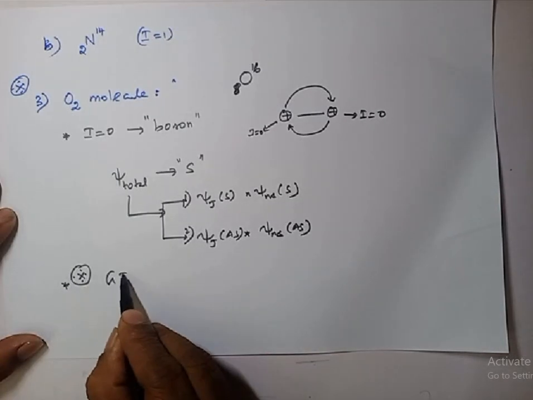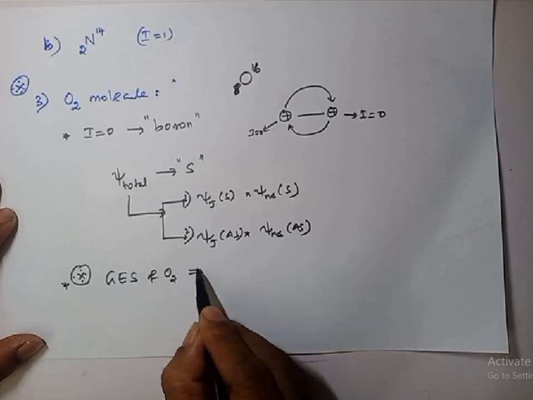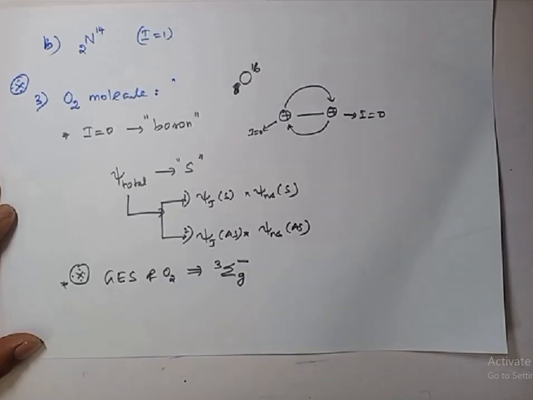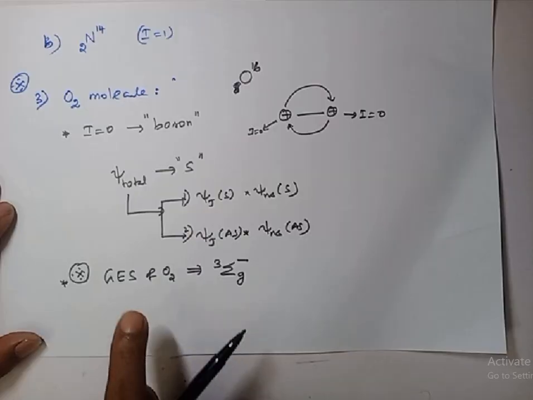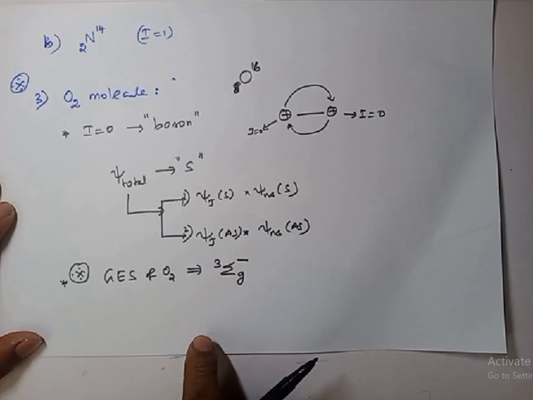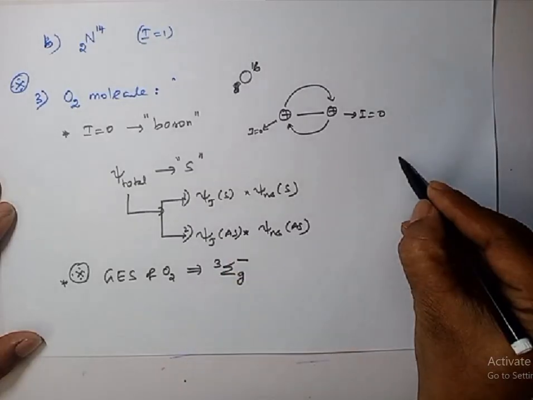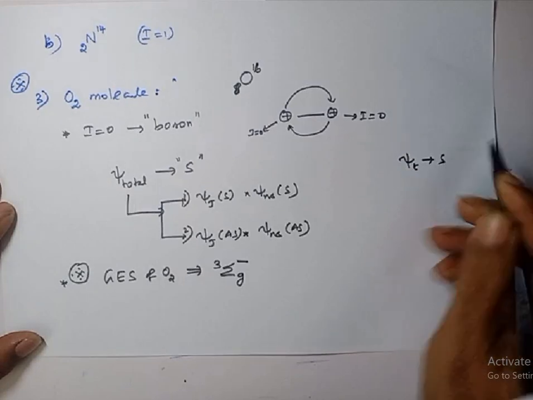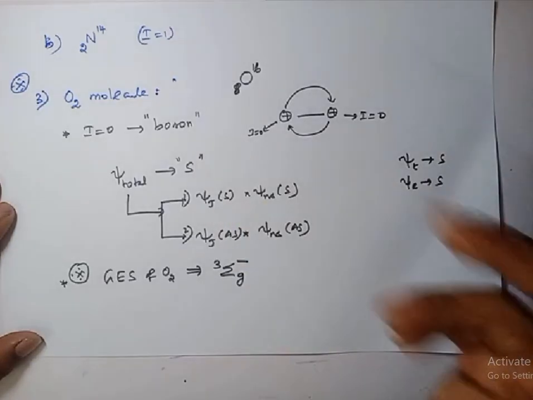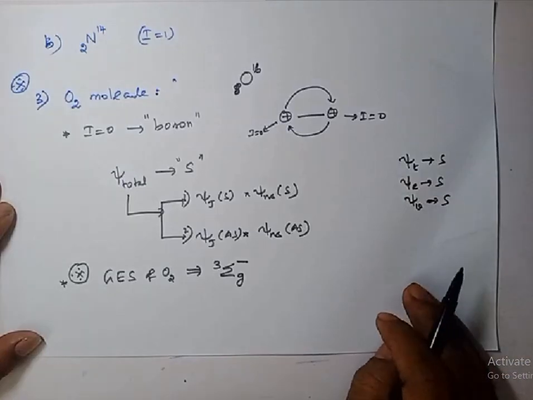Now observe carefully, this is very important. The ground electronic state of O2 belongs to the triplet sigma g minus state. I have told you, the translational wave function is symmetric during rotation, the electronic wave function is symmetric during rotation, and the vibrational wave function is also symmetric during rotation.